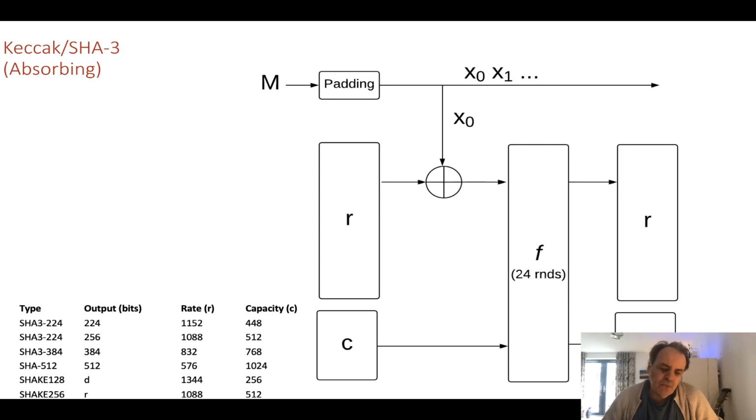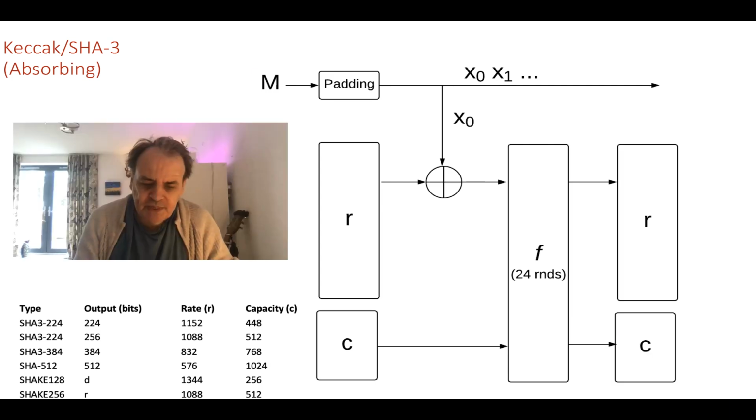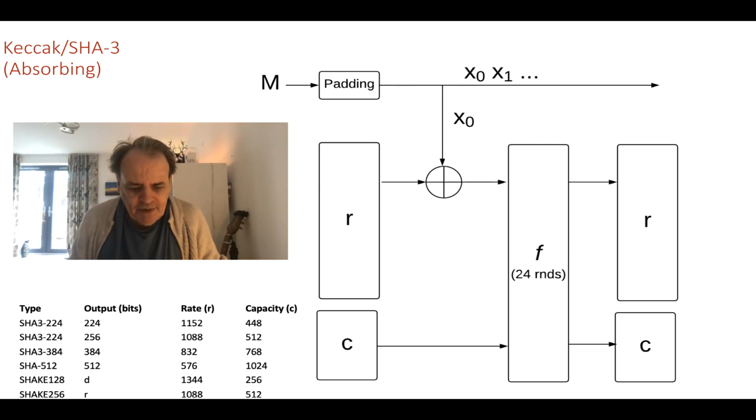So what we do is that we take the message and we will pad related to the number of bits that we need for R, so that we can get a multiple of this value. So in this case, if we are going for SHA-3 224, the R value would be 1152. The C value is 448.